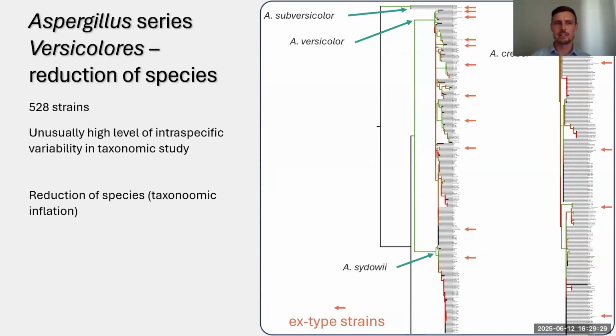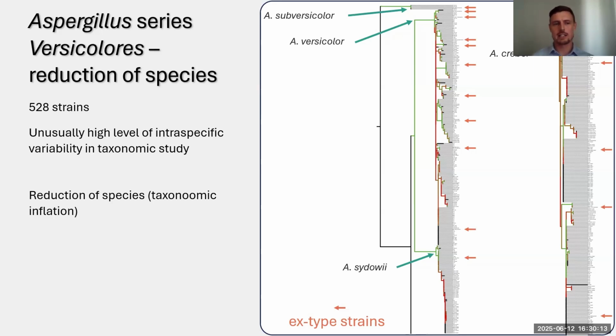I already mentioned series Versicolores, and I'm really happy with this revision that we did, because it's a rather small part of the genus, but it's extensively studied, and we had a very large set of strains for such a small group. So I think we were able to delimit the species boundaries with much more confidence than is usual, given the sampling issues.